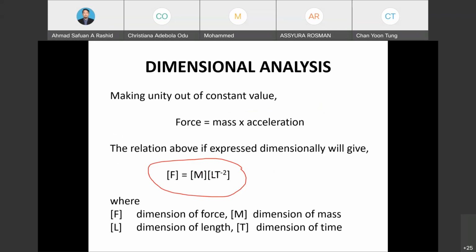For the acceleration, we have L, length, and then time to the power of -2. So we have the force, then mass m, length L, then time T. So L is geometry, and time is kinematic, while F, M, they are considered as dynamic.